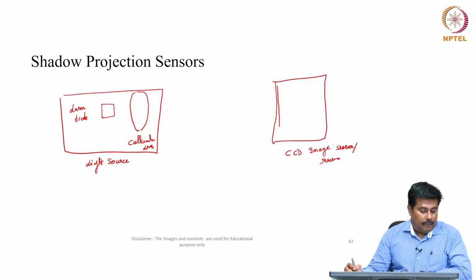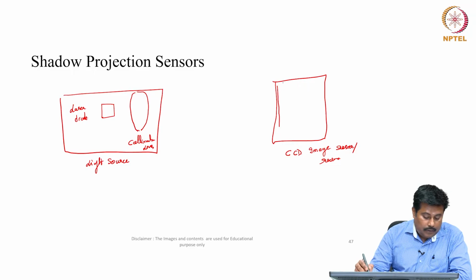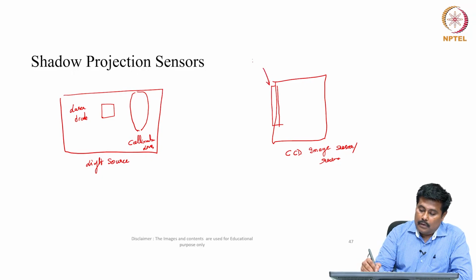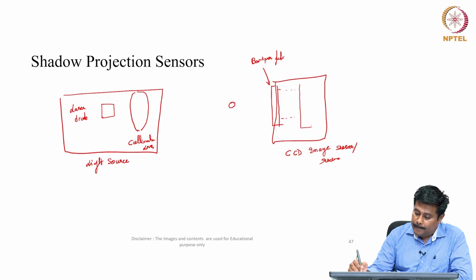It comprises a small region with a band pass filter, and the shadow coming out of it is projected on a CCD array.